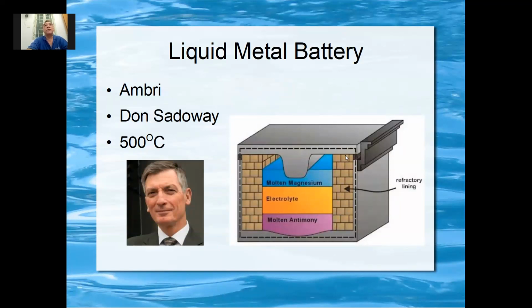It's a battery already. So you lock it inside the wall so that the heat will not get lost, stay inside there. And then the top plate is positive, negative, and then the anode, cathode.